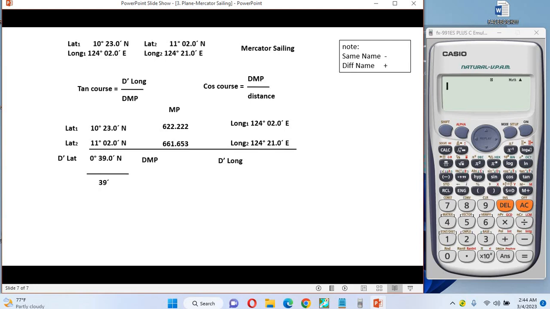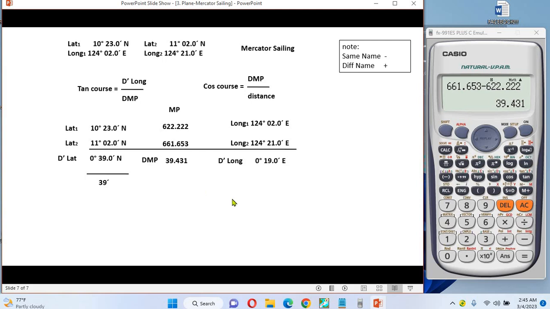And for DMP, the bigger number is 661.653 minus 622.222 equals 39.431, boom, 39.431. And for d long, we have answered it already, 19.